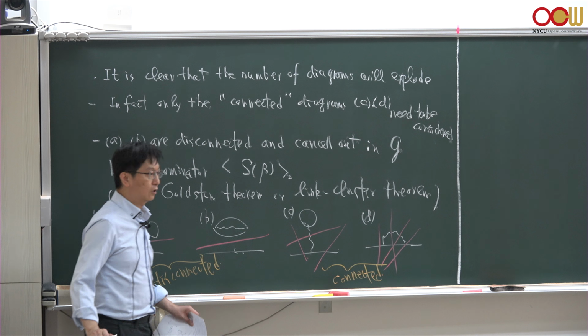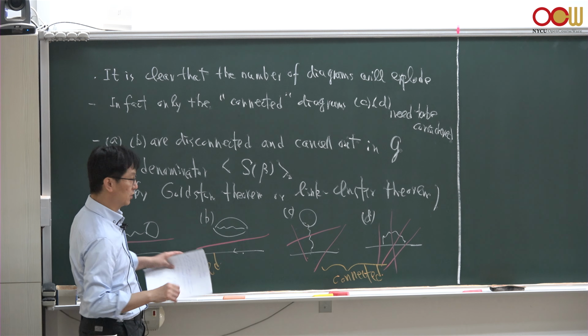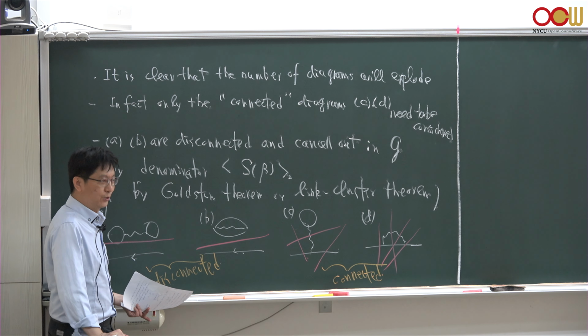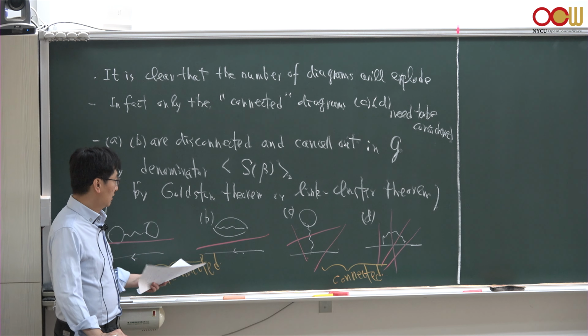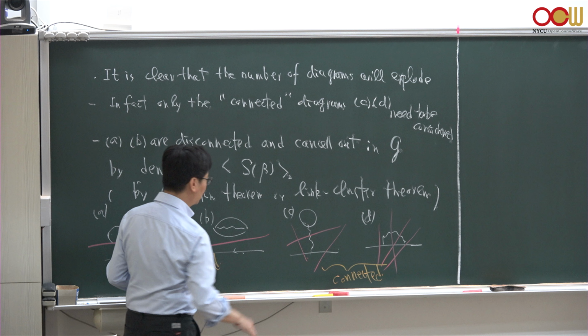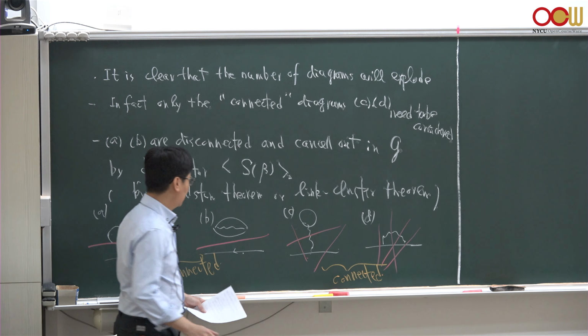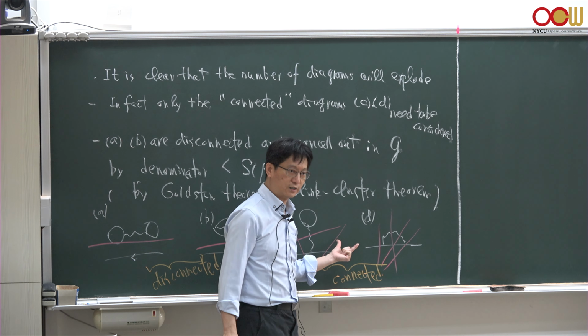That's the power of the Feynman diagram, because if you simply write down the operator form of these diagrams, you would not know which terms are disconnected or connected. But right on the spot when you draw these diagrams, you know they are disconnected, so you can throw them away and only consider C and D because they are connected.